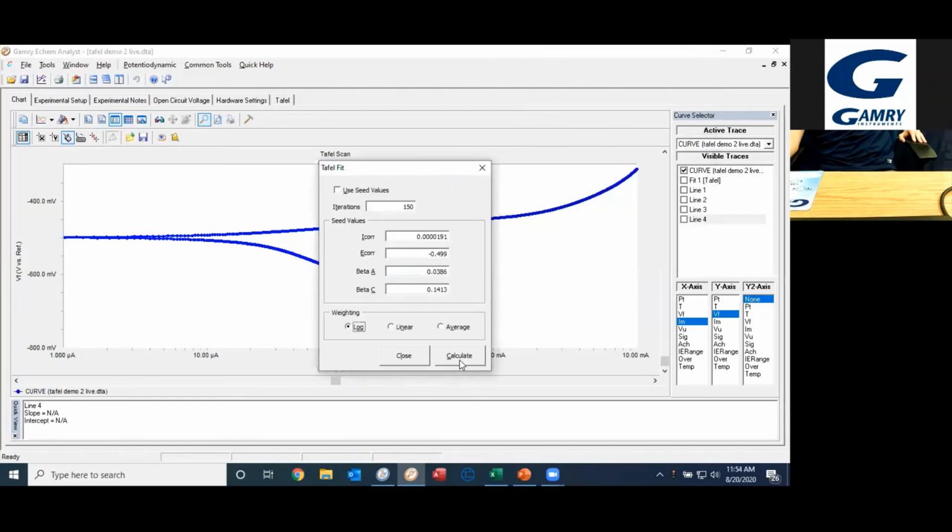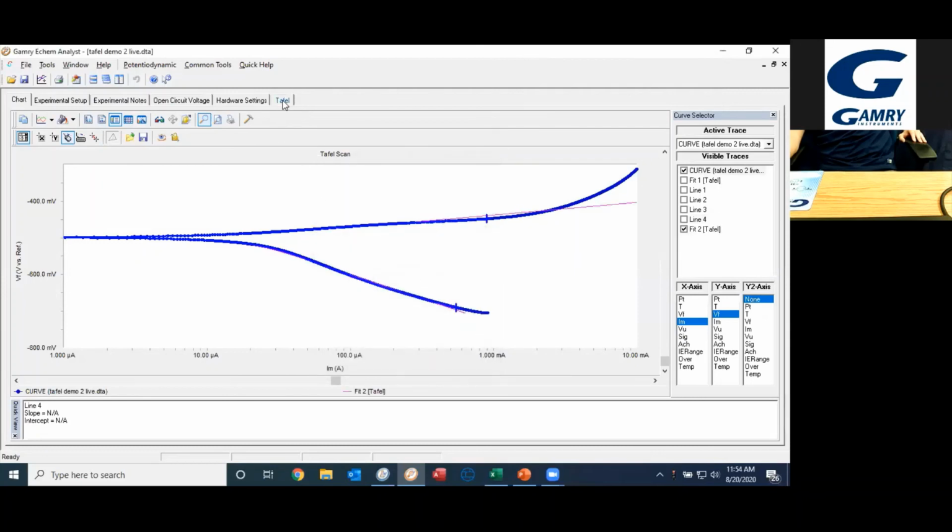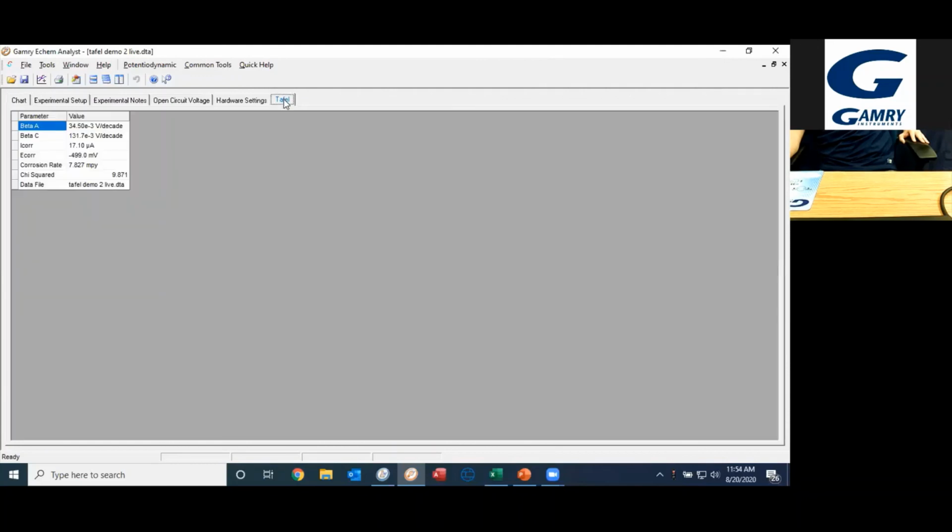Once we have our setup screen here, we pick what we're going to use and just hit calculate. You close this, and this little tab just showed up. I already did a fit earlier, so it was already there, but prior to doing any fit, this tab would not be there. Once I do that Tafel fit, you get a new tab that gives you what these values are.